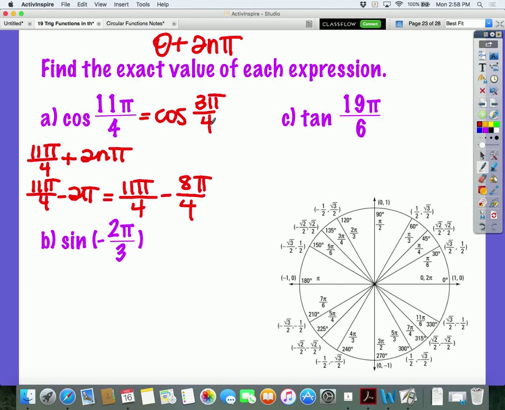Cosine, is that x or y? So what's the x value of 3 pi over 4? Negative square root of 2 over 2. That's how you do those that are bigger than 2 pi, bigger than 360, or smaller than 0.